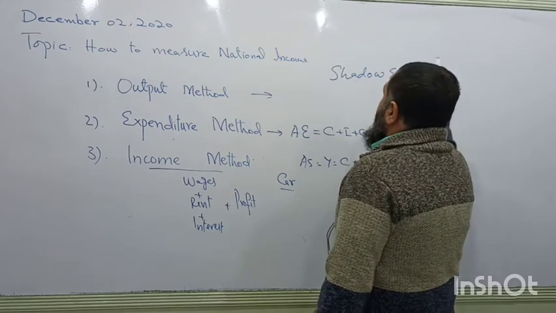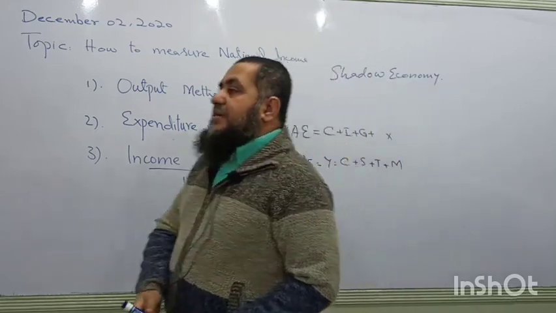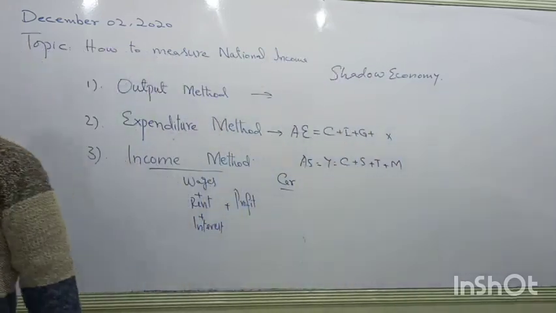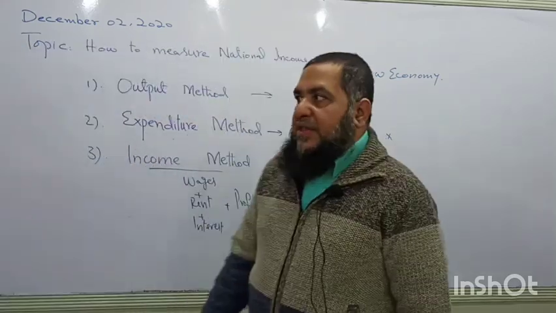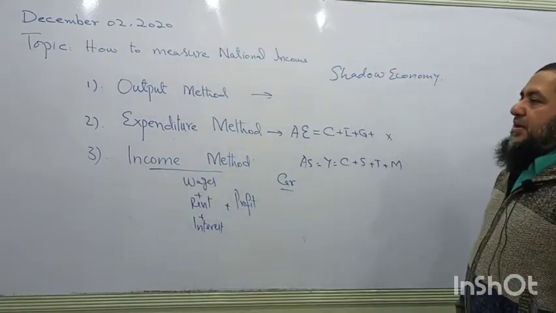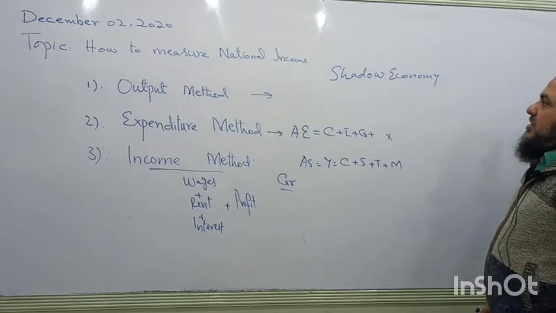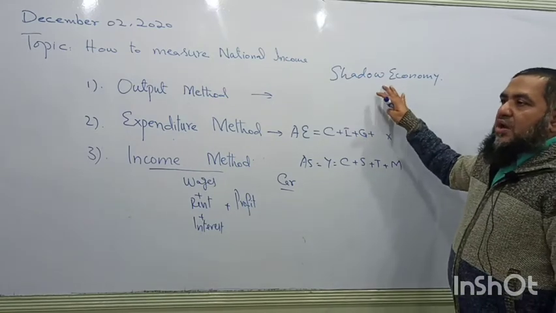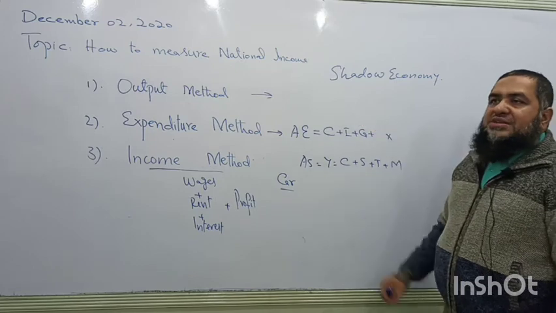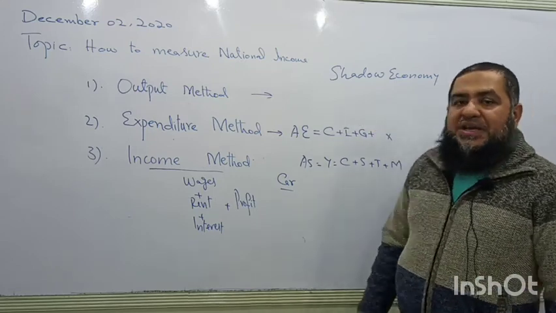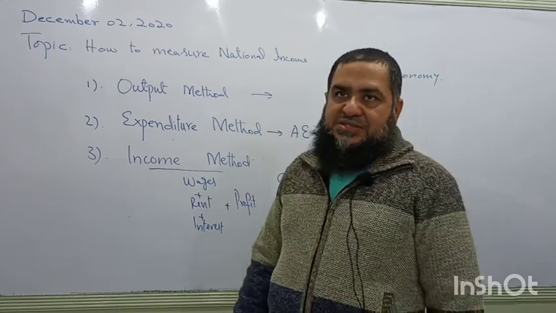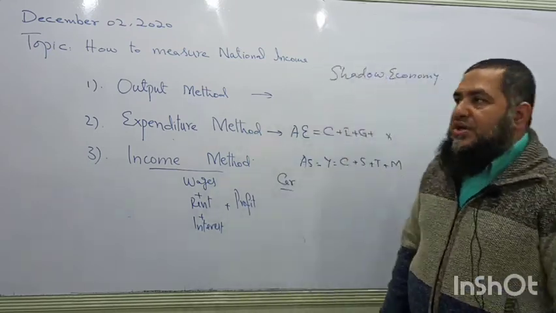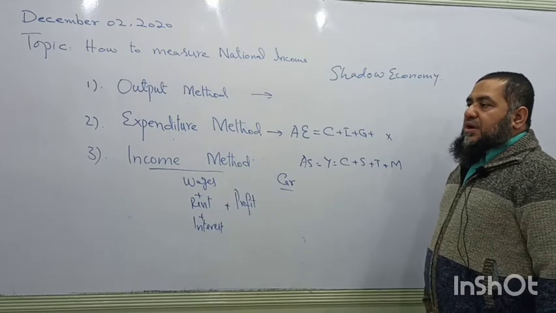Some of the income is also earned, but that is unrecorded. Like if many of the goods have been smuggled and they are not recorded in our national measurements, that is the shadow economy. Or any painter who is earning income, but he is not recording his income in the government statistics. Like he is not showing the exact value of income earned.